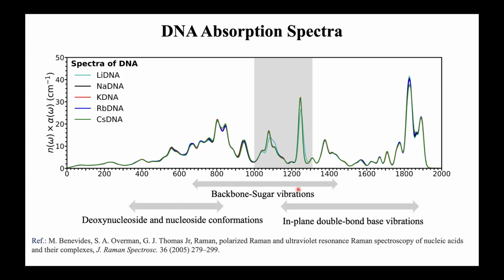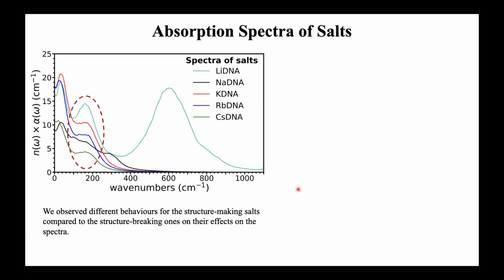This result is also consistent with the previous simulation studies of DNA with counterions that I showed you before in the introduction. We also calculated the absorption spectra for studied salts and obtained results.